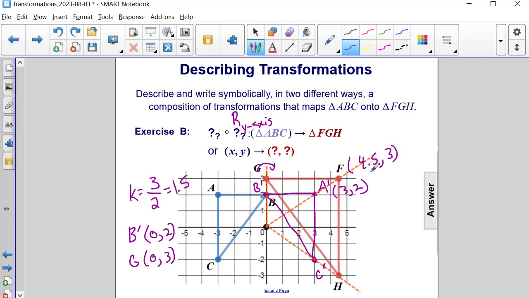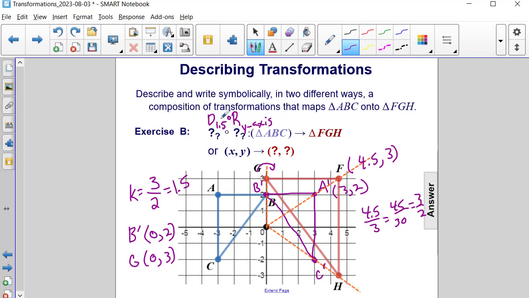So if we take our image over the pre-image, we get 3/2 for the y coordinates. If we do 4.5 over 3, that's equal to 45 over 30 when we multiply both the numerator and denominator by 10 to remove the decimal. And that does reduce to 3/2, or 1.5. So our K value, or the scale factor for dilation that we are using, is either 3/2 or 1.5.